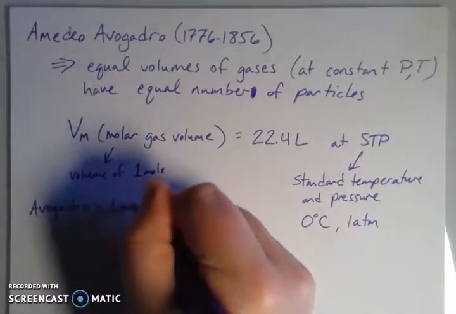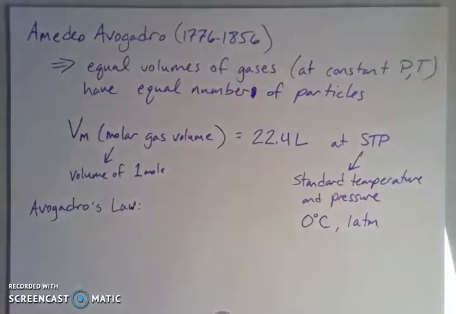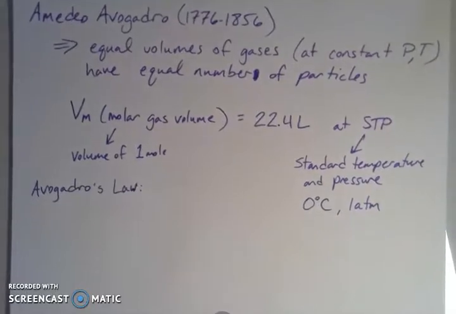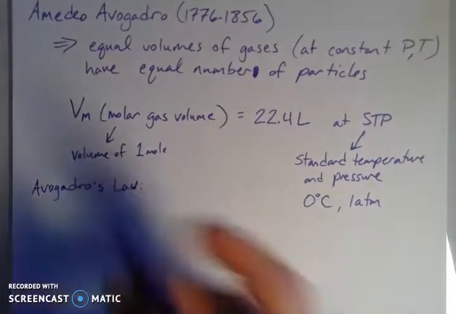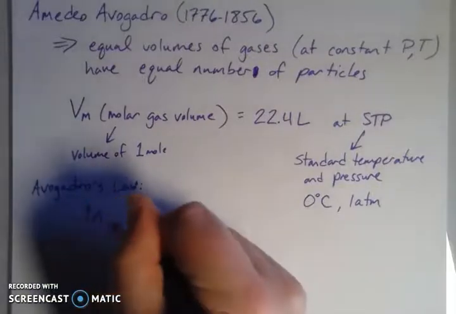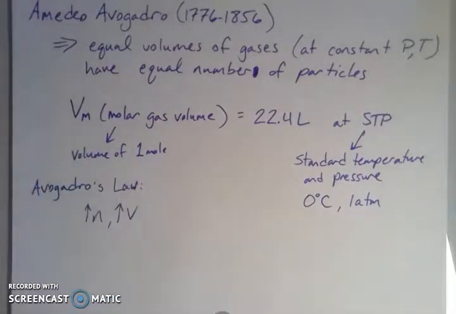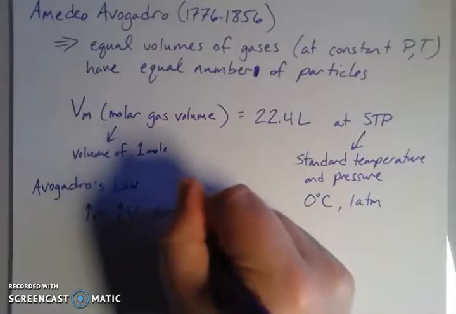So if we think about number of particles as n and the volume as v, then we look at how the volume changes with a changing number of particles. As I increase my n, then my volume will go up. It's a direct relationship. They're directly proportional.